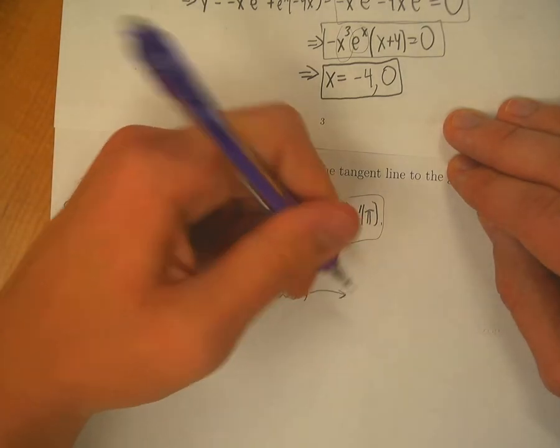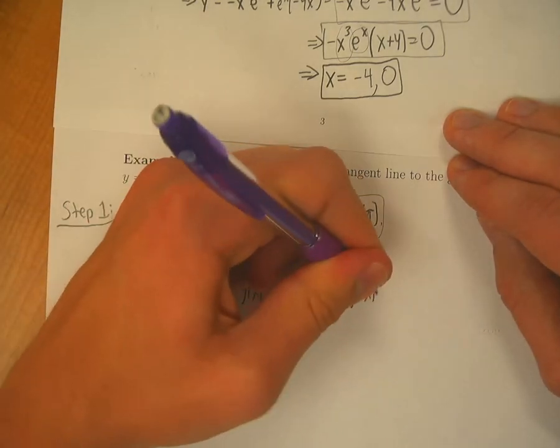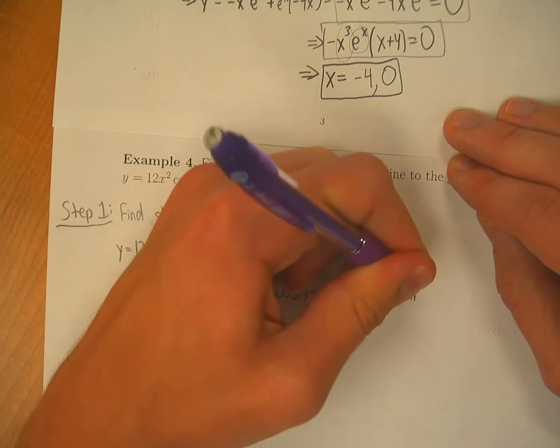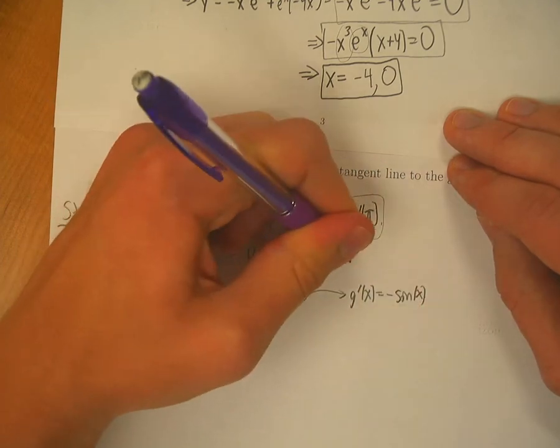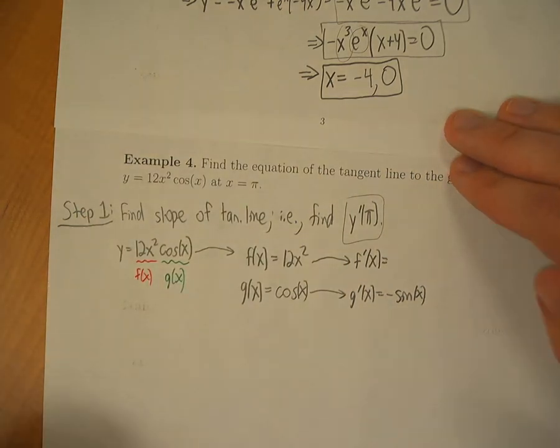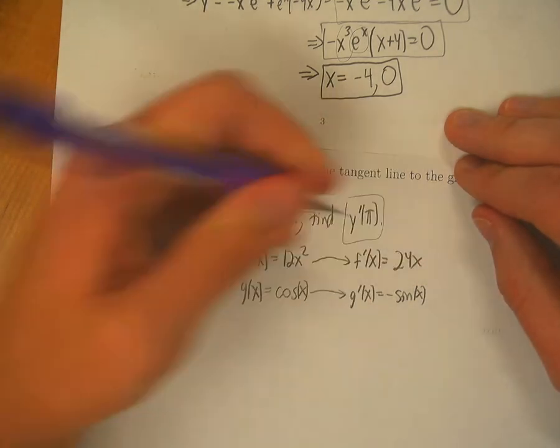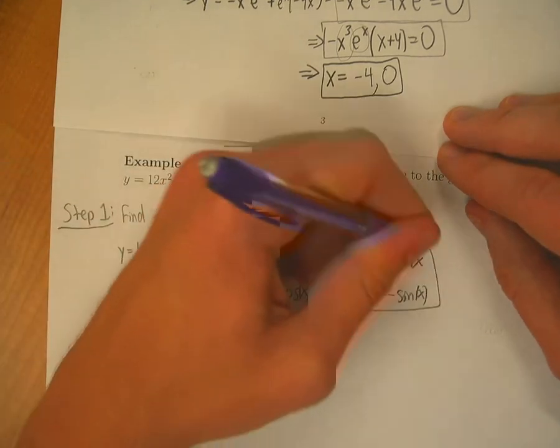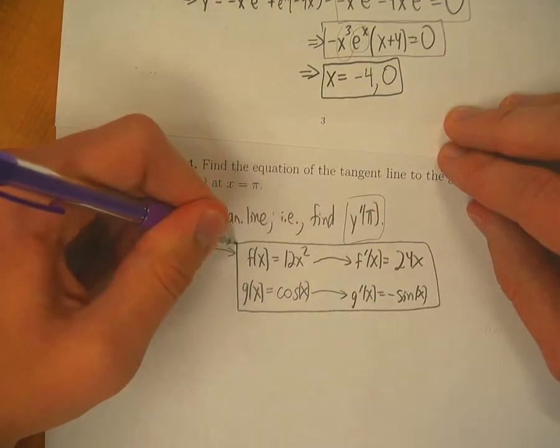So that implies g prime of x is just negative sine of x, and f prime of x would then equal what? 24x. So that's applying the power rule.